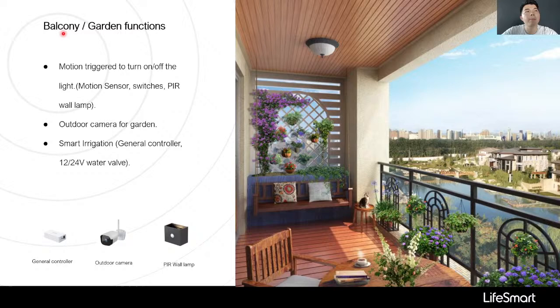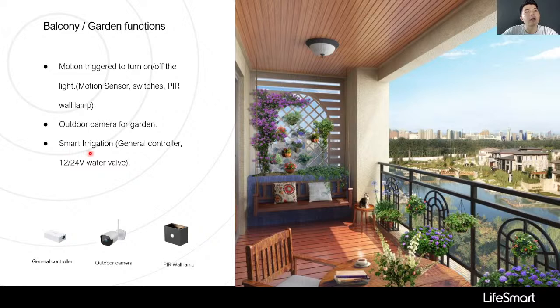And for balcony or garden functions, like motion triggered to turn on, turn off the light, you need a motion sensor, switches, PIR wall lamp, outdoor camera for garden. The outdoor camera can monitor the garden.